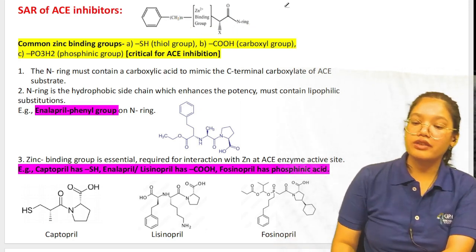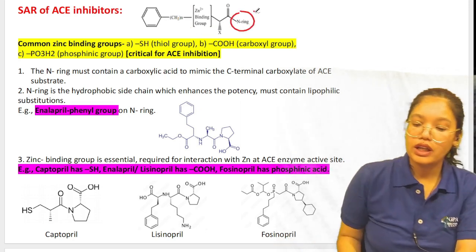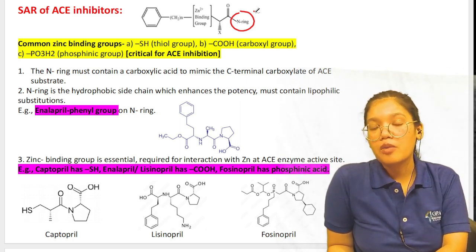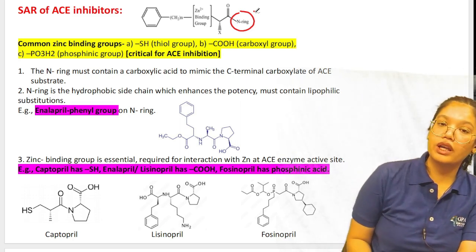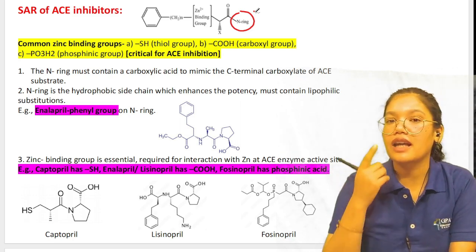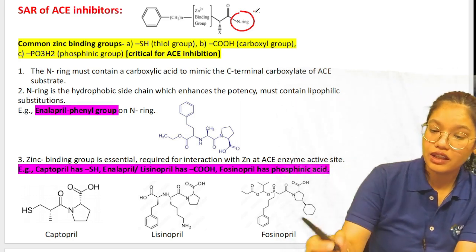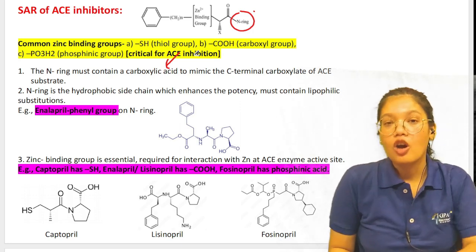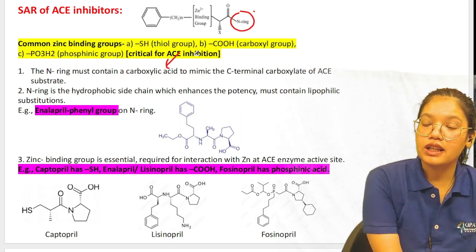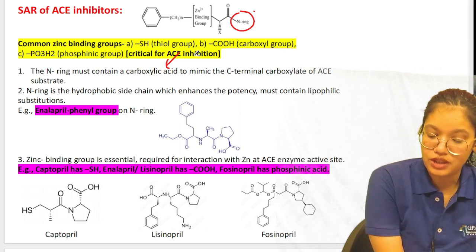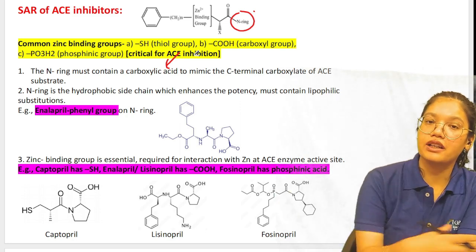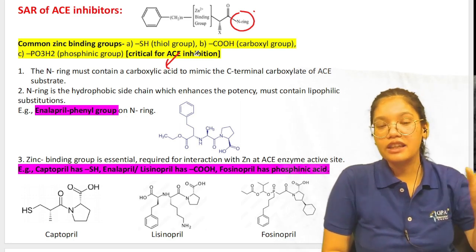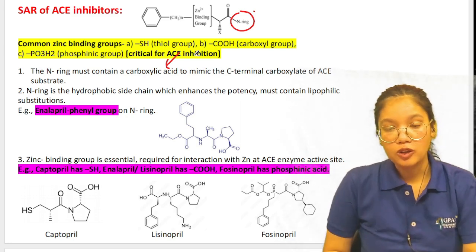Now starting with this N ring. It must contain the carboxylic acid group. Why do we need carboxylic acid in this N ring? Having carboxylic acid in this ring mimics the C-terminal carboxylate of the ACE substrate, so that's why we need it.